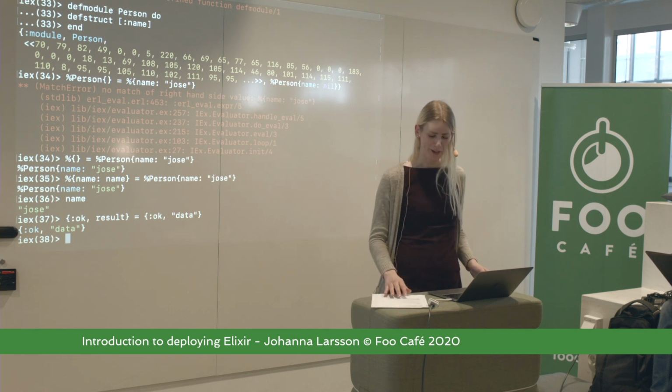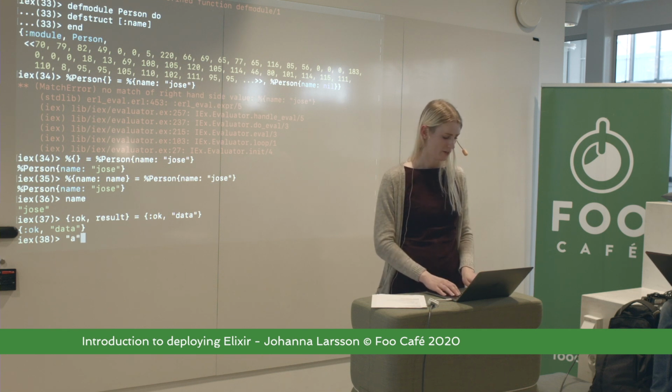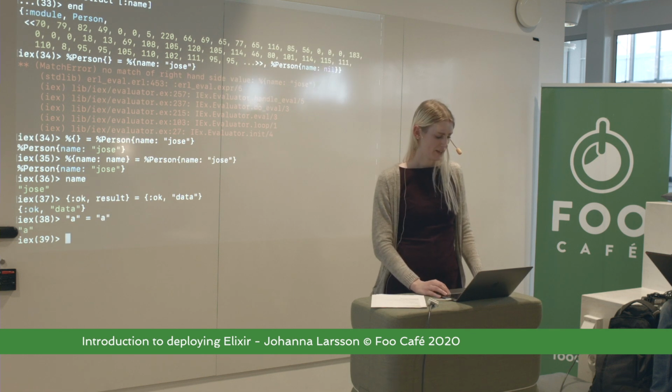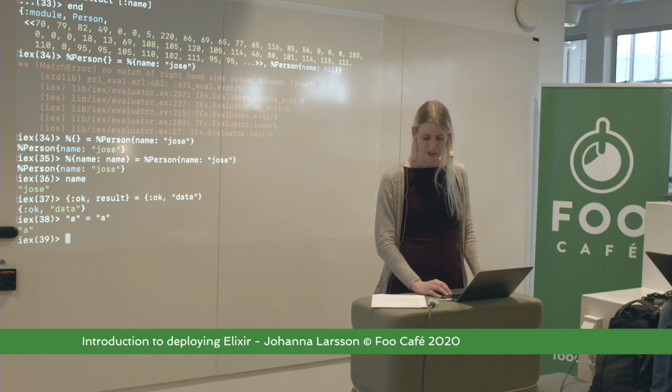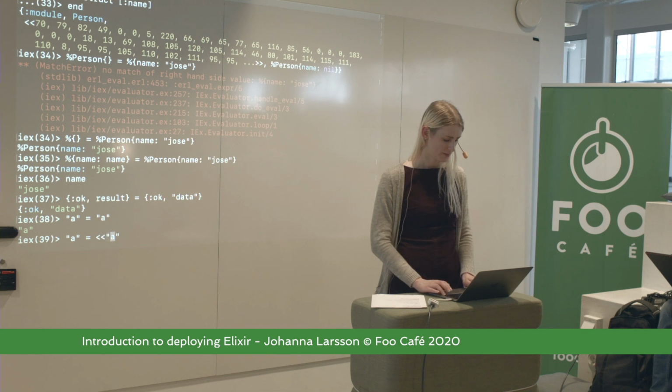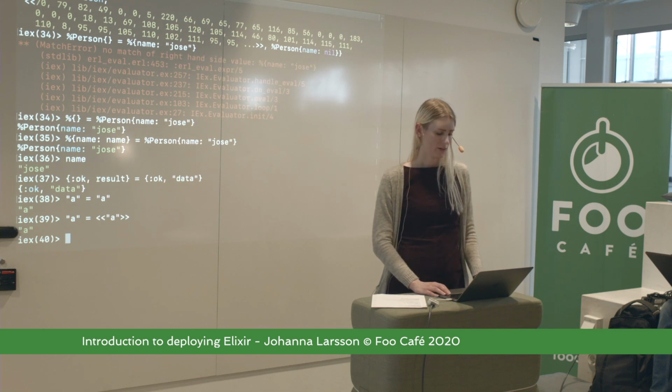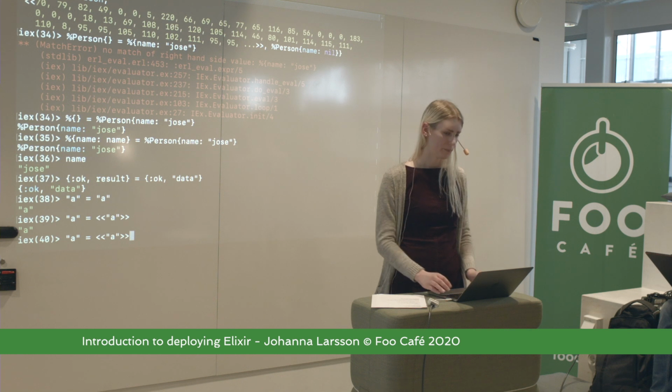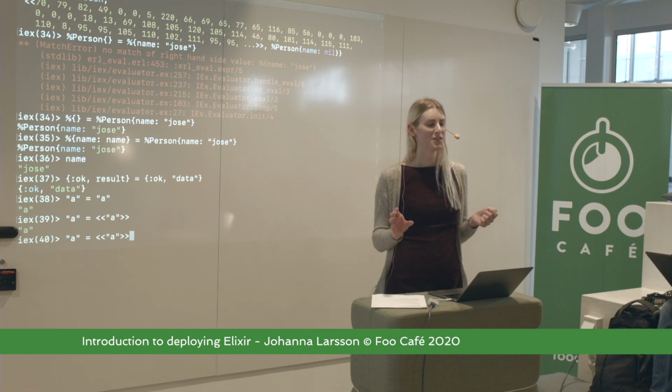And then I have my final data type that I want to talk about, and this is one of the more special ones. A binary matches itself, but it also matches the syntax, and this works both ways, because for lots of historical reasons, Elixir strings are also called binaries, and they are binaries.